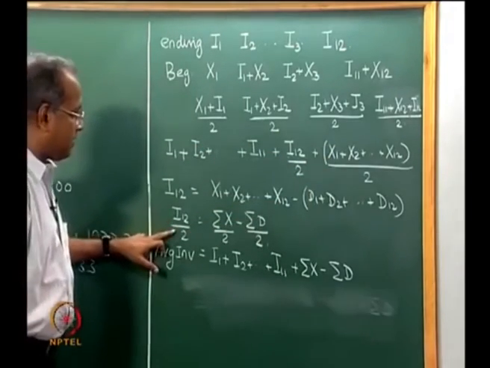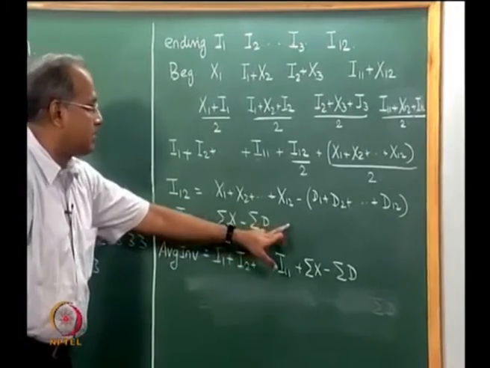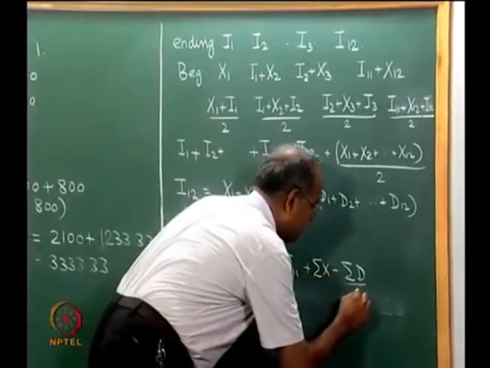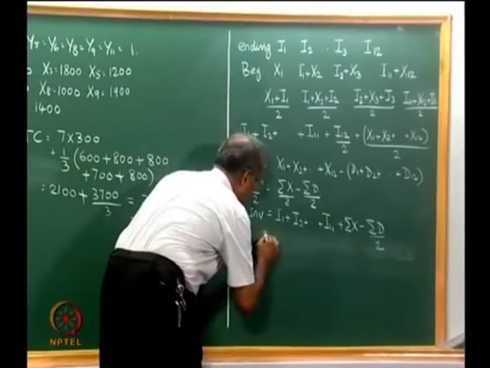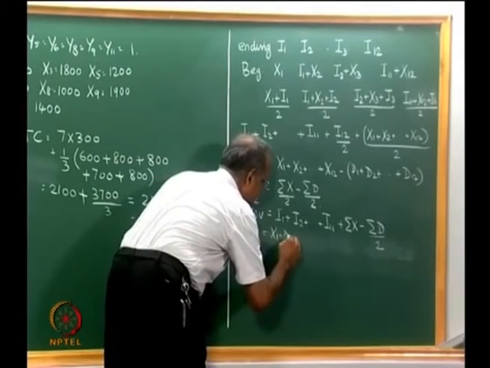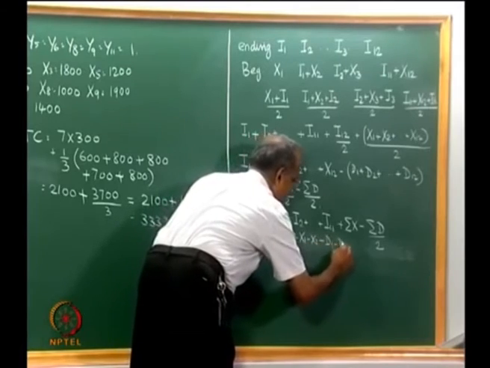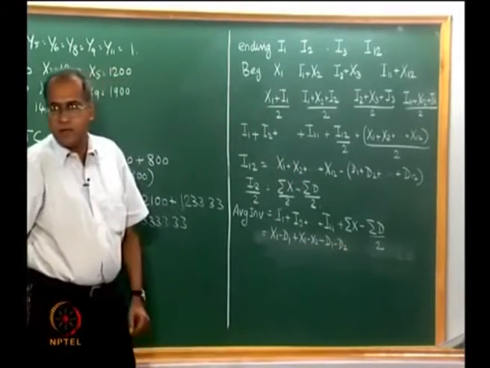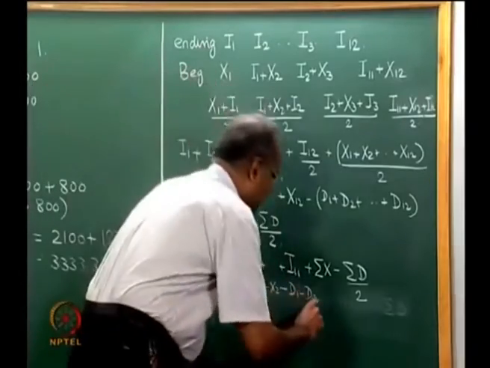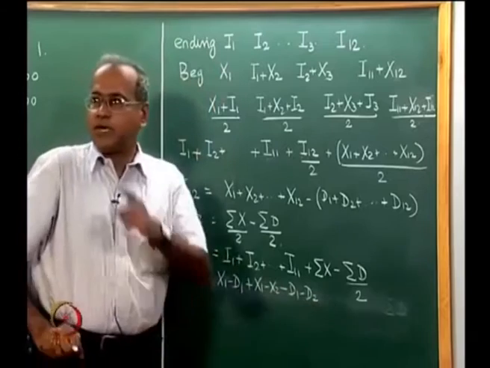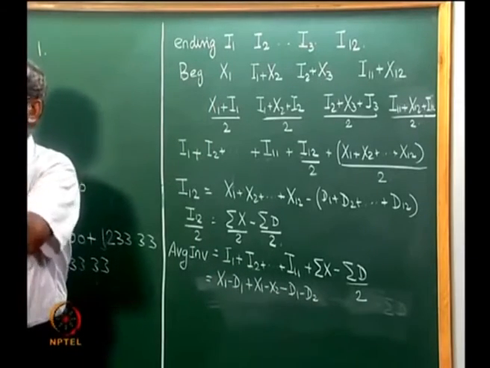Now, I12 by 2 is sigma x by 2 minus sigma d by 2 plus sigma x by 2. So, there is a by 2 that comes here. So, this will become x1 minus d1 plus x1 plus x2 minus d1 minus d2. We get up to 11 terms, so the 12th term will not be there. The 11th term will be x1 plus x2 to x11 minus d1 minus d2 up to minus d11.